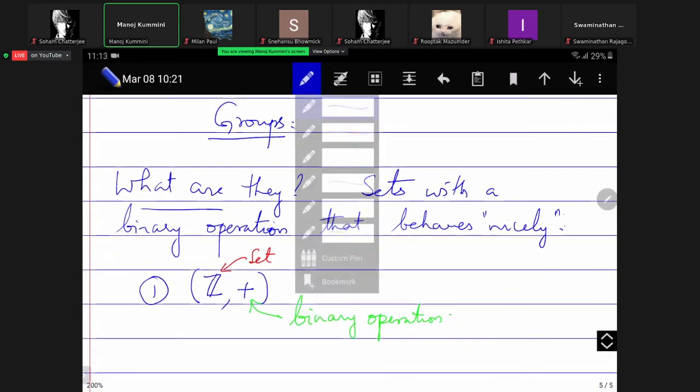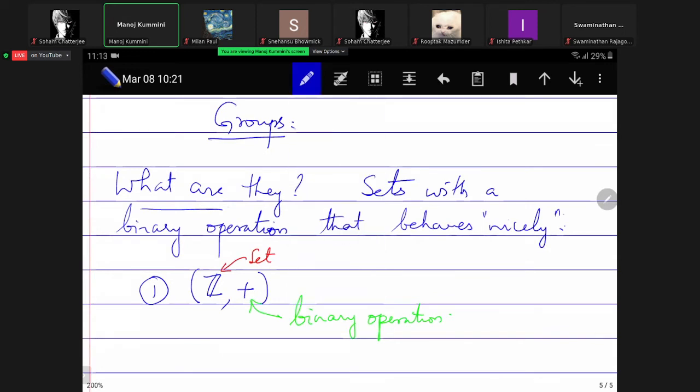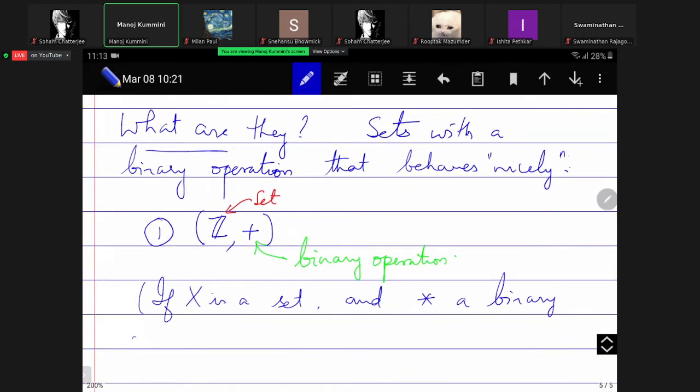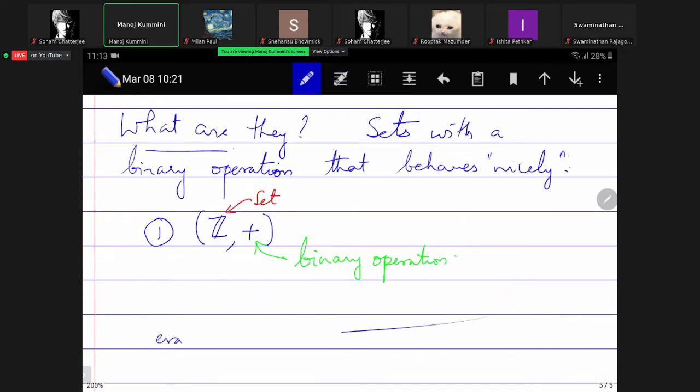So maybe I should just clarify it once. If X is a set, and let me just for now call it star, binary operation. Or maybe I should write it like a proper definition.